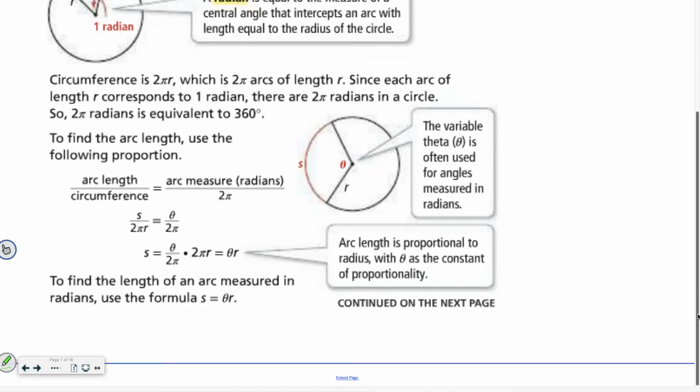Okay, there's a lot more information here that you can read through. However, I'm going to do some problems that I think will maybe make a little more sense for you guys. But before I move on, I want to introduce something called theta to you. It's a Greek letter. It's a variable often used for angles that are measured in radians. So you'll see it looks like a circle with a horizontal line through it.